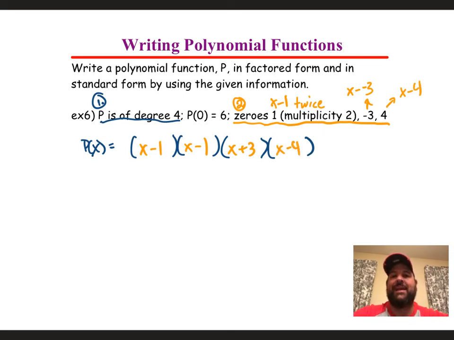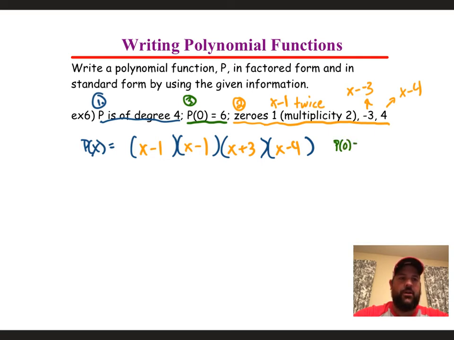Now we go back to the middle part here. P of 0 has to equal negative 6. So what we're going to check is if I plug in 0 for these x's, am I going to end up with that? So let's see. If I took p of 0 here, I would have 0 minus 1 times 0 minus 1 times 0 plus 3 times 0 minus 4.